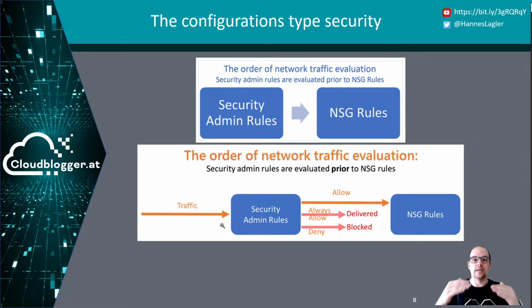This means you have defined in this rule, for example, RDP is allowed, and then it's allowed. It doesn't go ahead to the network security group. This is really important to know. And the other thing you have to think about is the rollout can take up to 15 minutes.